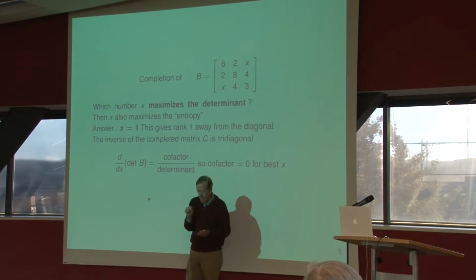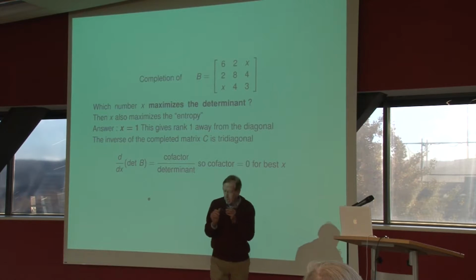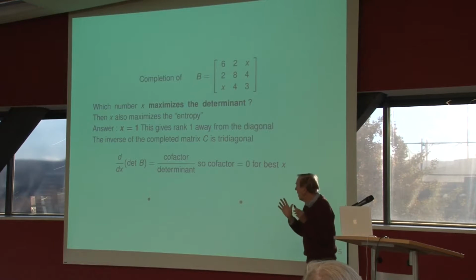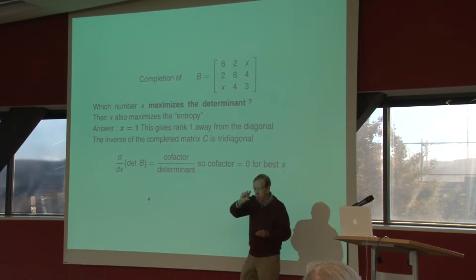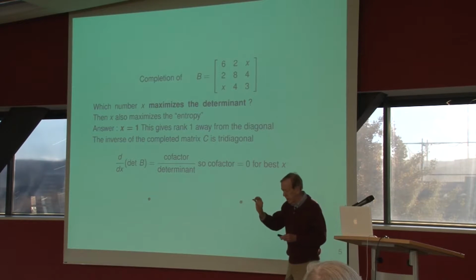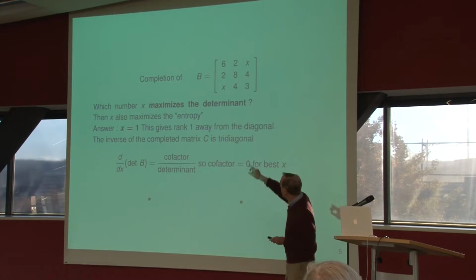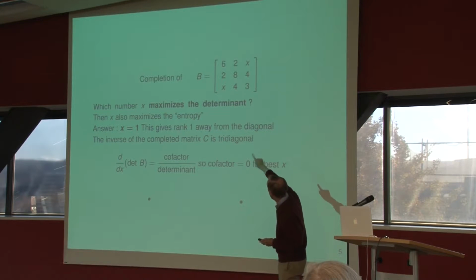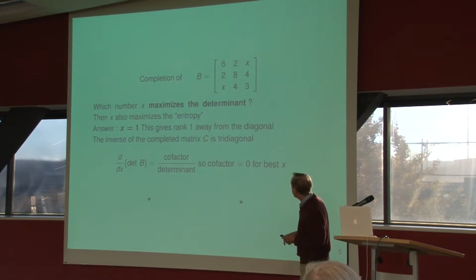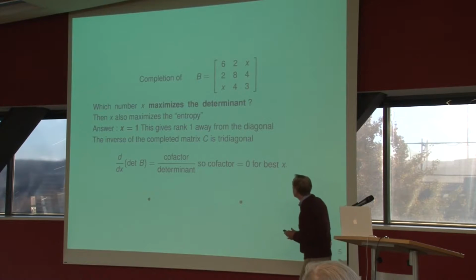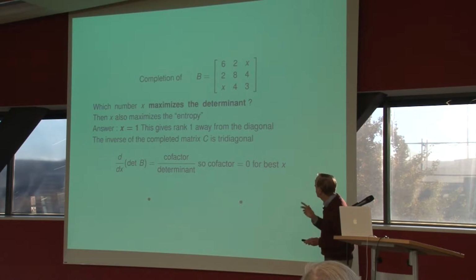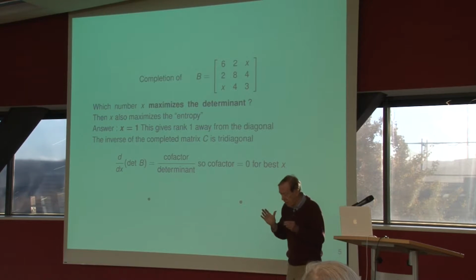If I want to maximize the determinant, then I should take its derivative with respect to x to be 0. But we remember that in the cofactor expansion for the determinant, x would multiply its cofactor, and it would show up in the derivative. And so the answer is the cofactor should be 0. You remember what the cofactor is?